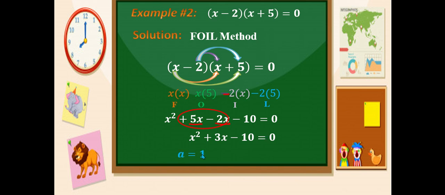Again, where a equals 1, b equals 3, and c equals negative 10. Okay? Again, na-transform na natin into quadratic, in standard form. At the same time, we have the values for a, b, and c. Okay? Yan. So, proceed tayo sa next example.